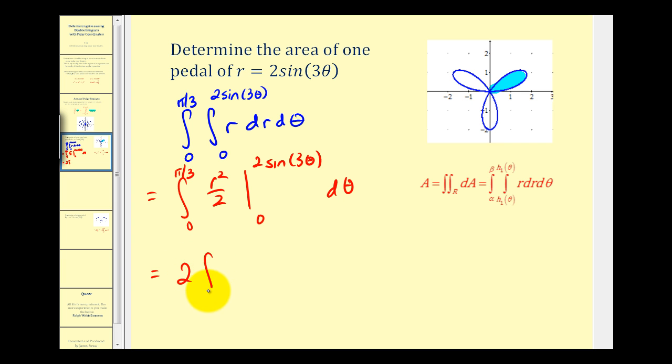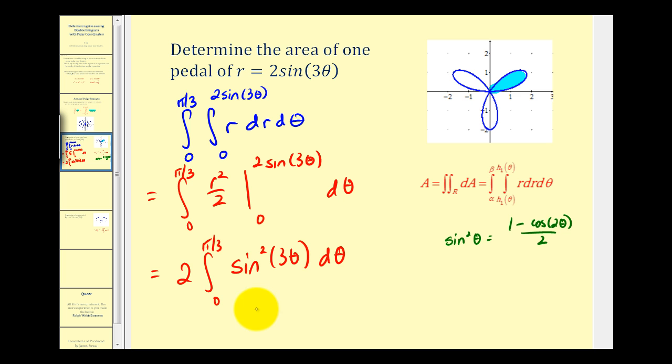So we have 2, integral from 0 to pi/3, and we'd have sine squared 3 theta d theta. So now we need to use the power reducing formula for sine squared theta. So this 2 would simplify with this 2 here. We'll be left with 1 minus cosine double the angle, or 6 theta.